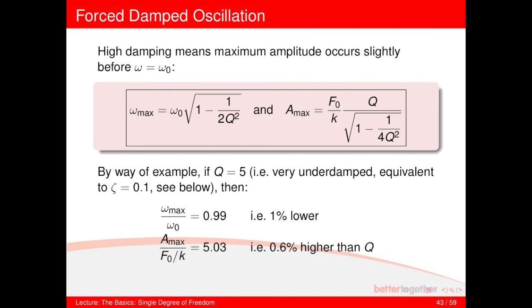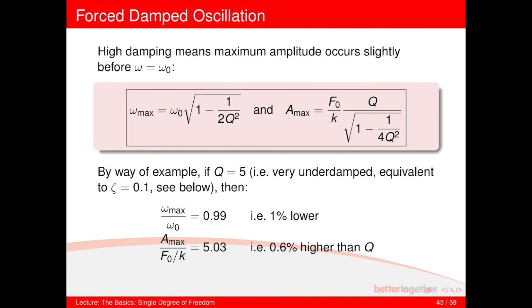If Q is very low, so damping is high, then obviously this number comes into play and it reduces the value of omega naught, becoming a number that's less than 1 times omega naught. The maximum amplitude is slightly different, because what we've done here is stick our omega into that frequency, and that's what you're getting there.